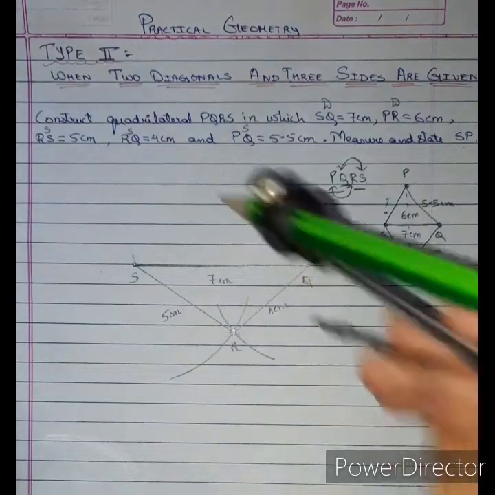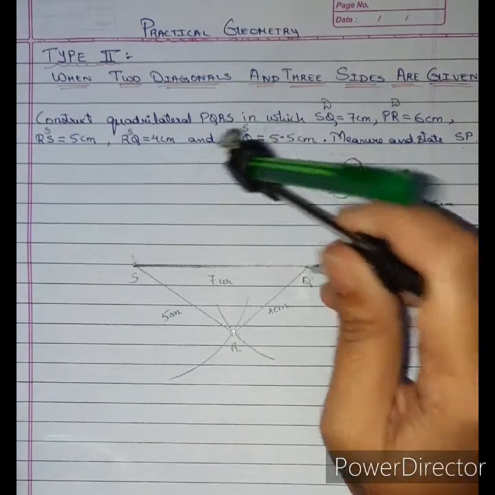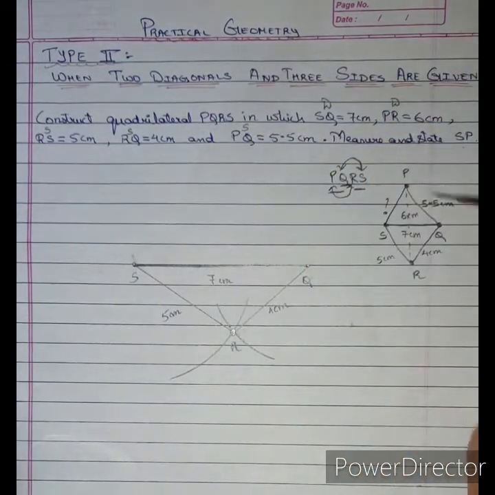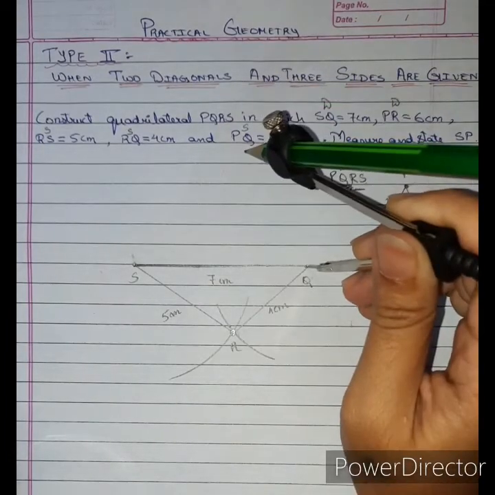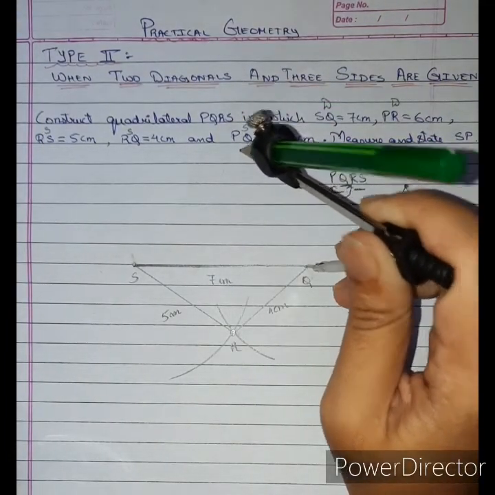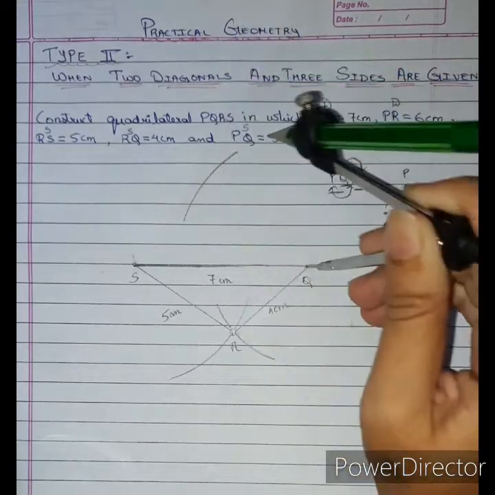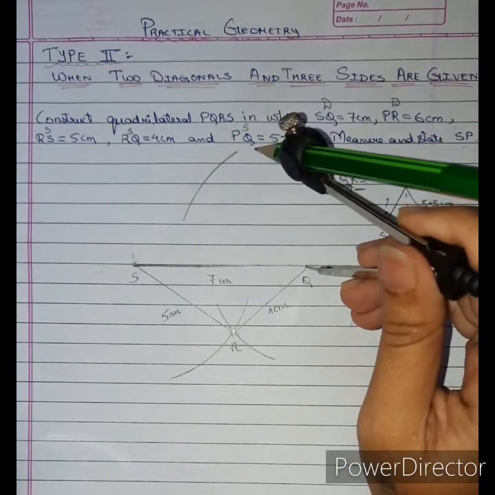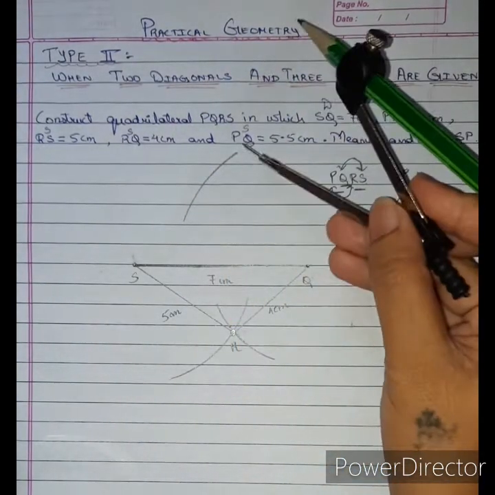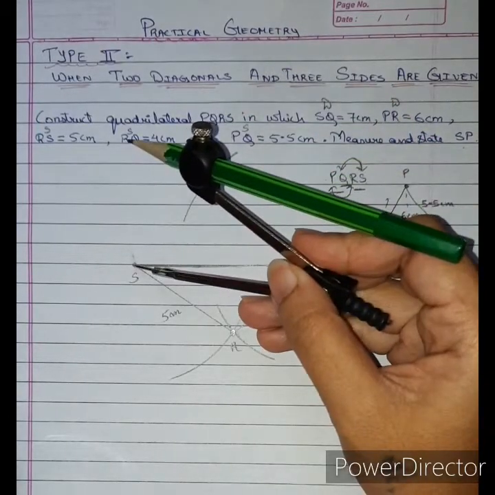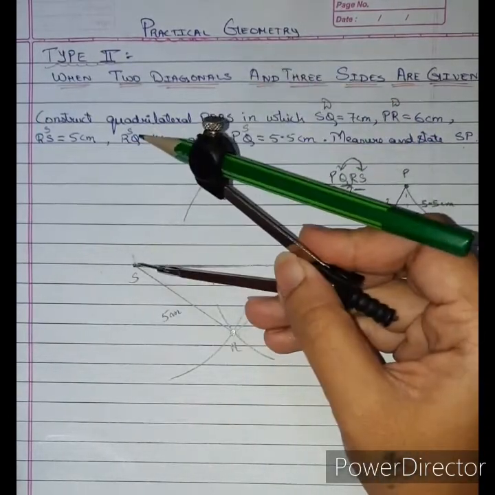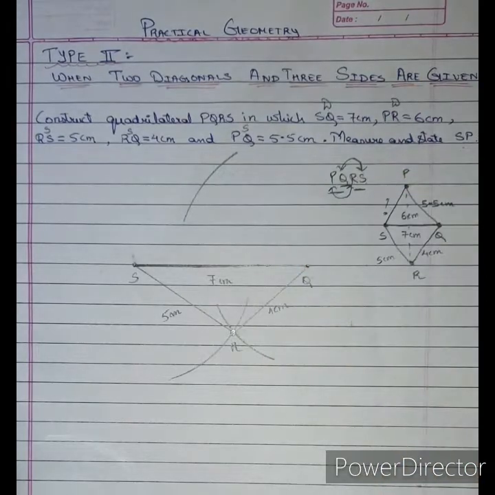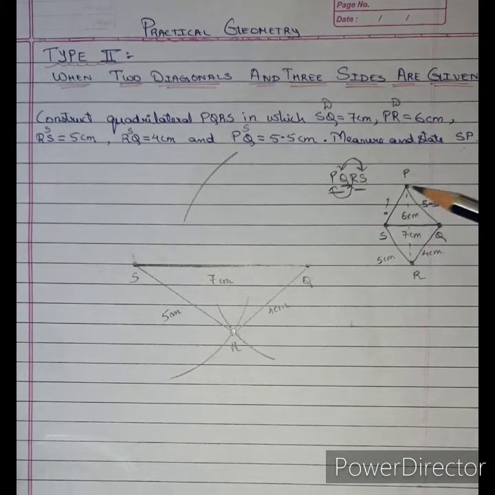So taking Q as the center again, for the top triangle, I have to draw point P. So I have cut the arc. Now this is 5.5 centimeter, but I don't know where P is lying because we don't know the measurement of PS or SP.